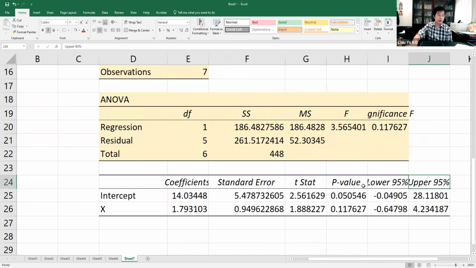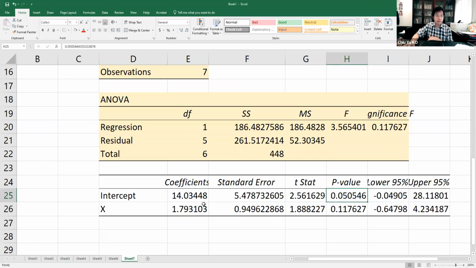So what we have is the coefficient, the standard error, which we have just shown in the slide, and the t-stat, which we showed you how to do. You can get the p-value, right? Because this is just the two-tail test, at 95%. You can also have the confidence interval here, okay?